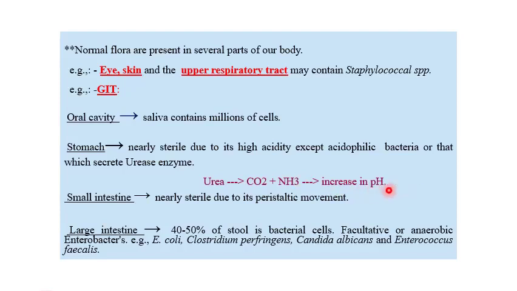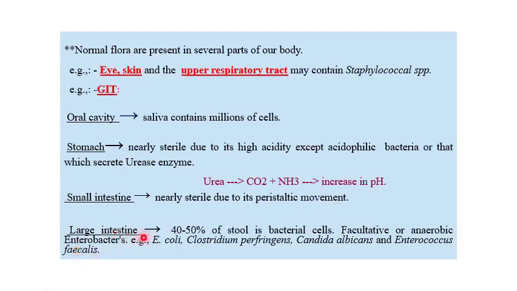This increases the pH, so it helps the bacteria to live in this medium. About the small intestine, it is also nearly sterile due to its peristaltic movement. The movement of the small intestine is not suitable for microorganisms to adhere and to stay in this place.